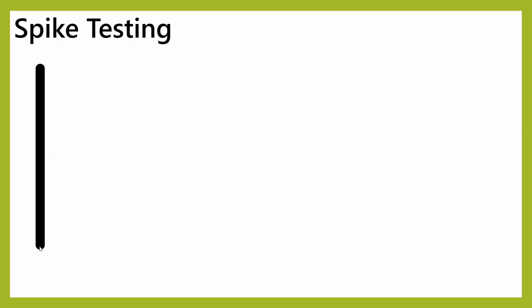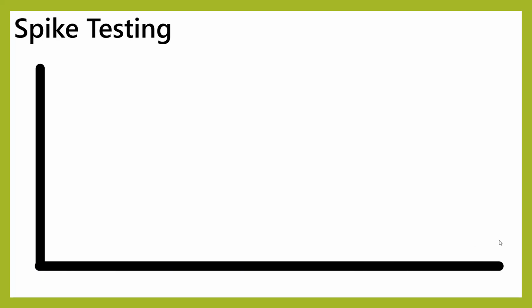Now spike testing. Okay, now spike testing, as the name says, it should have some spikes. So let us just understand it with the help of a diagram. So suppose this is our graph, right? Now this is a time graph, right?